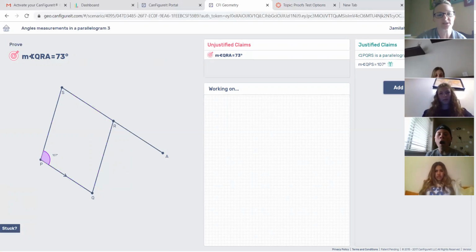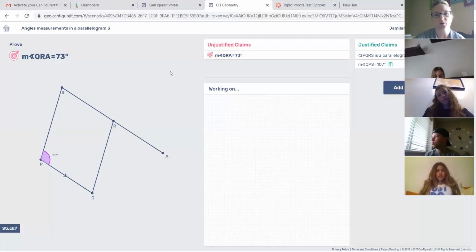Opposite sides are parallel, opposite angles are congruent, and opposite side lengths are the same. Of all of those, the thing that's going to help us the most right now is that opposite angles are congruent.